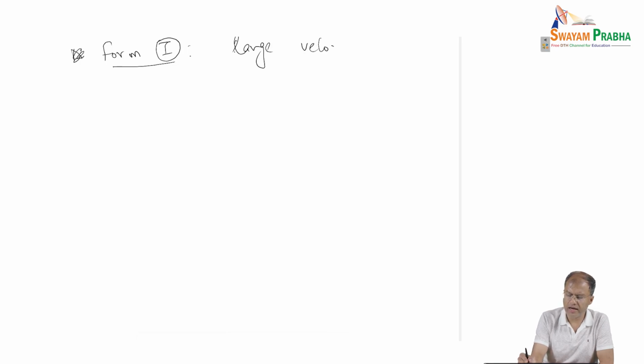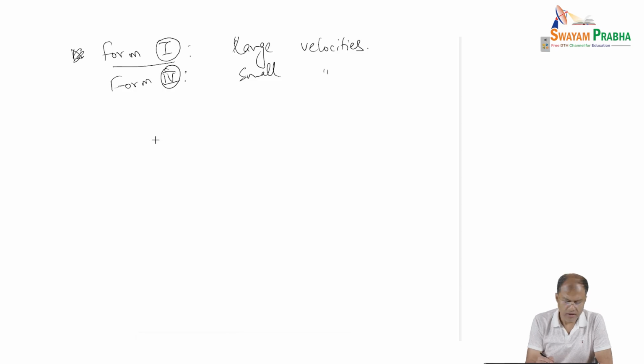Again, this information is coming from the physics or fluid mechanics of the problem. And form number 4 can be found using small velocities. So the question is how to find g of Re, the function.